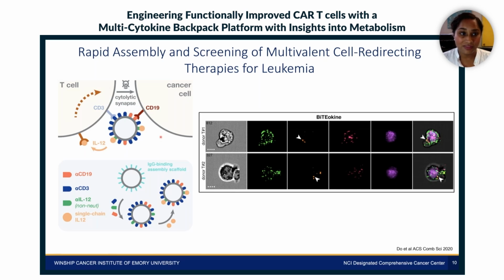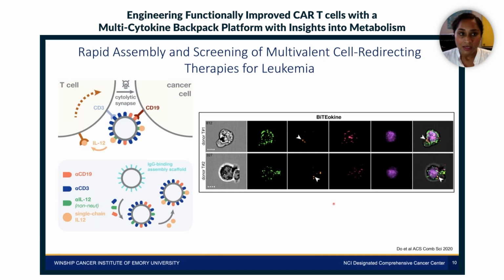Their lab referred to these as cytokines. This was an interesting way to deliver cytokines and bring T cells and cancer cells together. As you can see from their publication, the cytokines are labeled in orange, and they're found where the T cells and the cancer cells are meeting, demonstrating that they're actually bringing these two together and providing additional support with the cytokine.